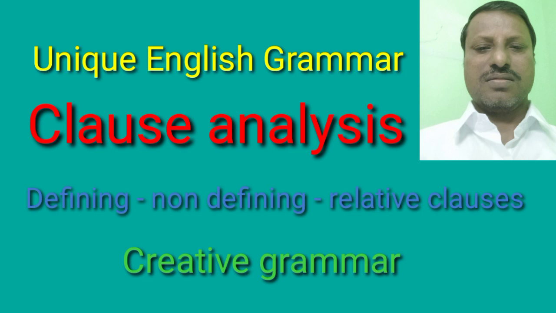Perfect participles, present participles, infinitives or gerunds are non-finites. They are not showing time. They do not have a subject. So those are called non-finite verbs, which are used in non-finite clauses.